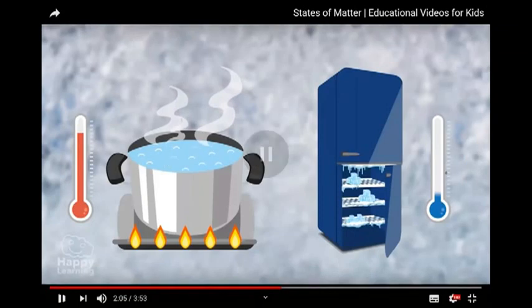Heating means an increase in temperature. Cooling means a decrease in temperature. Give the object a higher temperature, or heat the object, it means heating. Decreasing the temperature means losing heat energy, while heating means gaining heat energy.